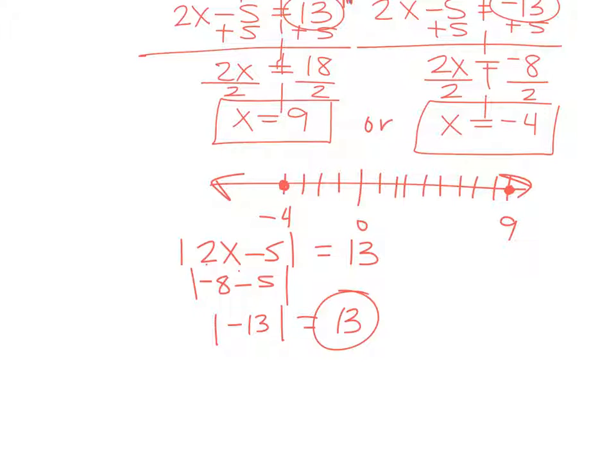Same if you plugged in a 9. 2 times 9 is 18, minus 5 is 13. The absolute value of 13 is 13, okay? So you have to set it equal to the positive and the negative. Are we clear on that? A lot of people do this one wrong. Okay, set it equal to the positive and the negative.